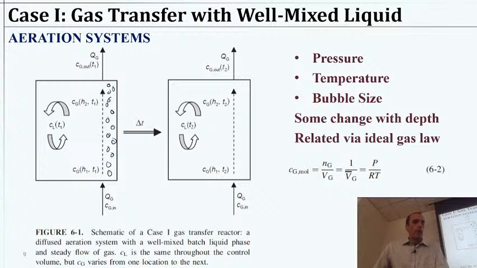All right, so then we have a system where we have gas transfer happening as bubbles are passing through our reactor. And essentially, we will typically envision this as a well-mixed system. It can be batch. It could also be in a CSTR type of a system, and a steady flow of the gas. So we'll have some flow rate of the gas.